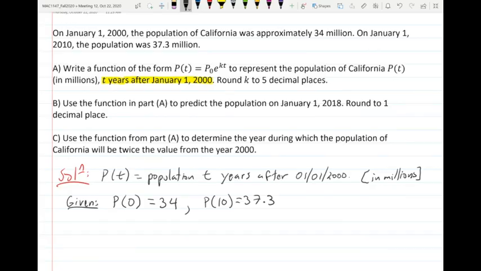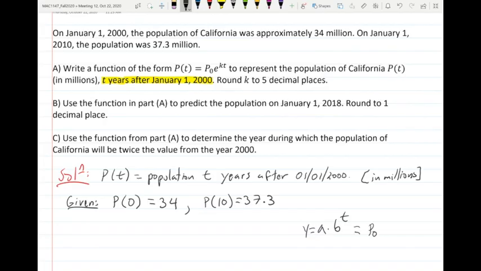Notice that this problem is similar to what we did earlier, but earlier we didn't have this specific form. We were working with A times B to the t. Remember that? And then you were given 2 points on the graph of the exponential, and then find the equation. Here we're going to do the same thing, but instead of A times B to the t, we have a more specific form.